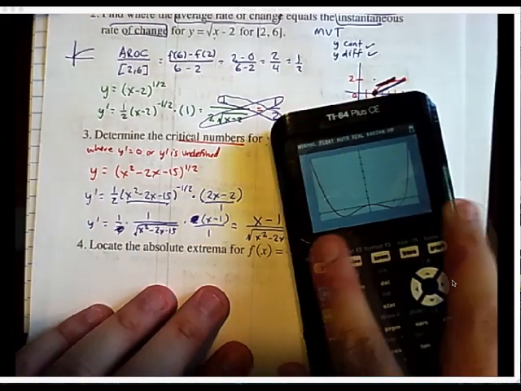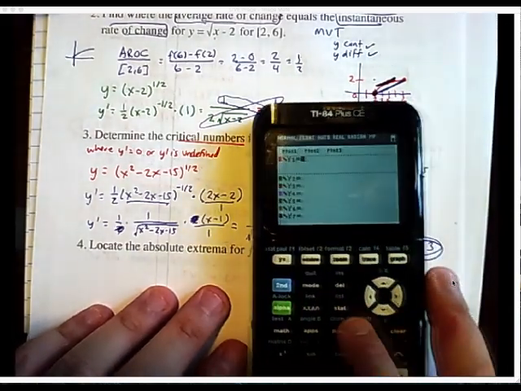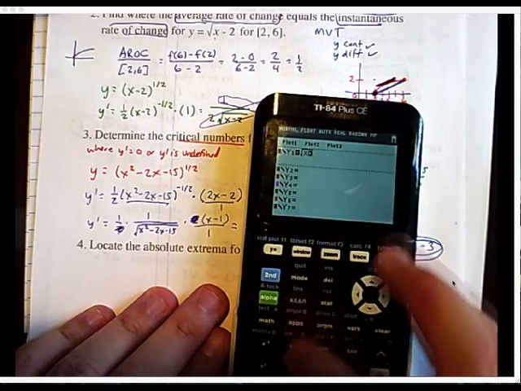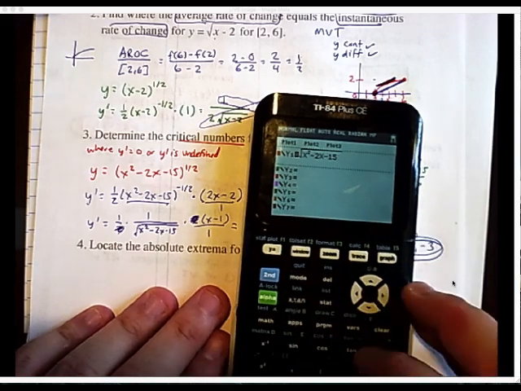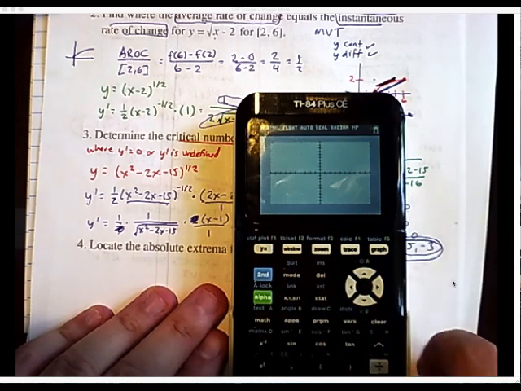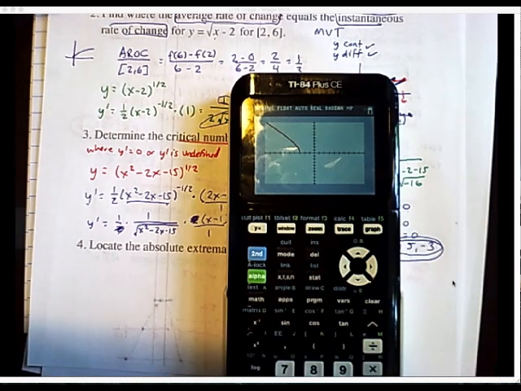Graphically, let's look at that function, the square root of x squared minus 2x minus 15. Let's just do zoom standard. So here's what the function looks like.